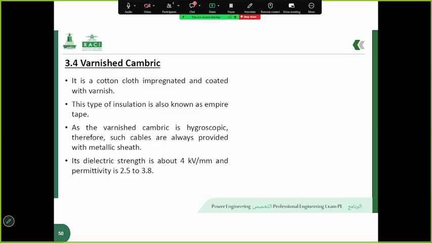So based on this slide, we will discuss varnish cambric, another material used for cable insulation. This material is essentially a cotton cloth impregnated and coated with varnish, and is also commonly known as empire tape.